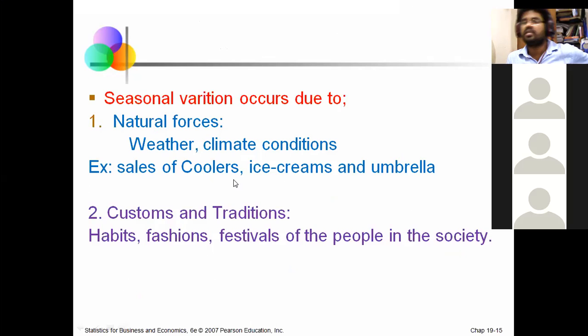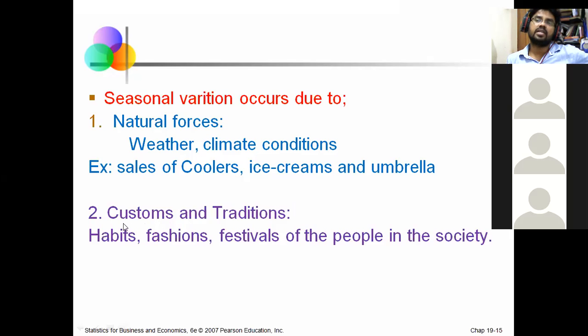In the particular period, the sales will be at peak level. After that, the weather is cool, nobody has to purchase the coolers, then the sales will be down. If you take ice creams, also in the summer season, the ice cream sales will be high. If you take umbrellas in the rainy season, most of the umbrellas will sell. After that, only a smaller number of umbrellas will sell.